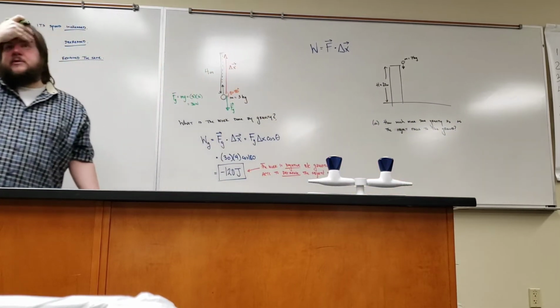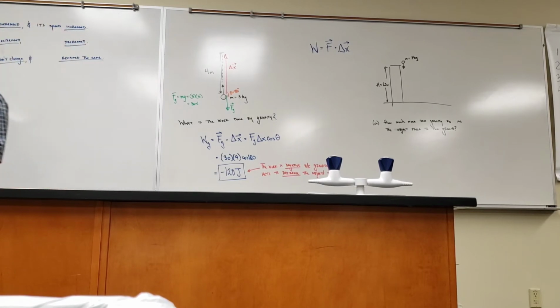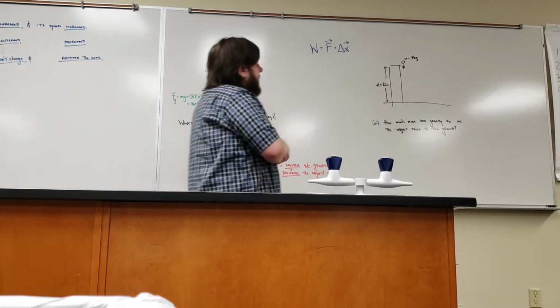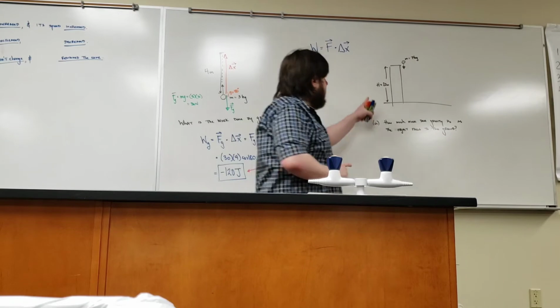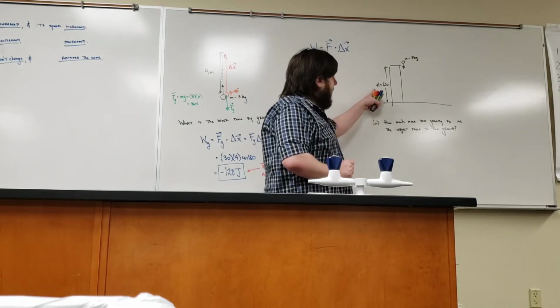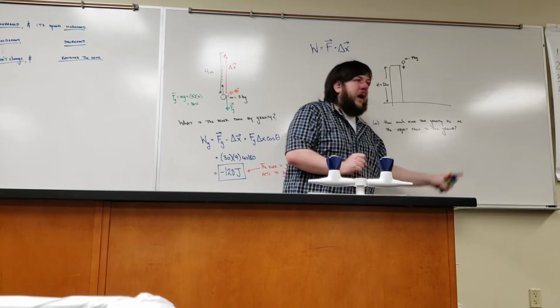So I'm saying that the object starts on the edge of the building and falls to the ground. So that defines the displacement of the object. What's the magnitude of the object's displacement? 20 meters, because I said that it falls to the ground.